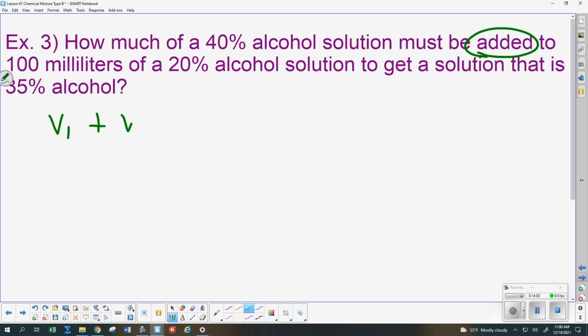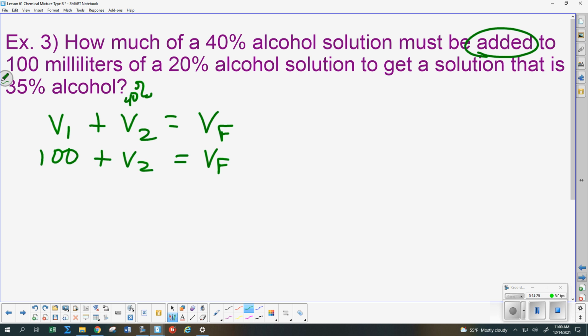It's a V1 plus V2 is the final amount. Right, so I am going to add the 40% to 100 milliliters to get the final percent. Does that make sense for our first equation?